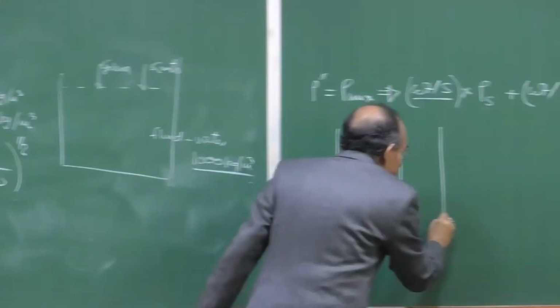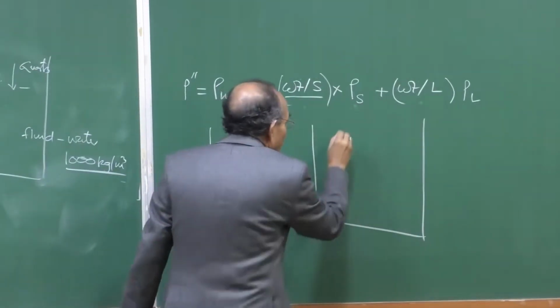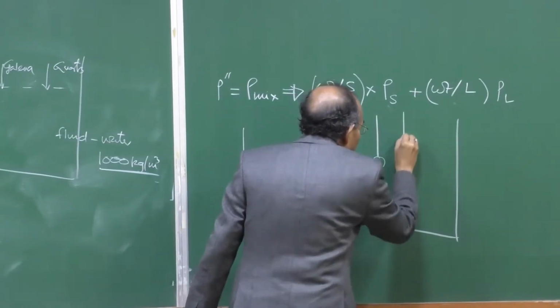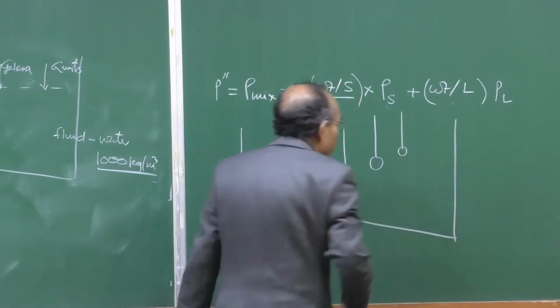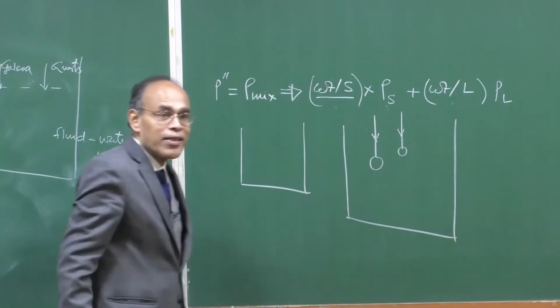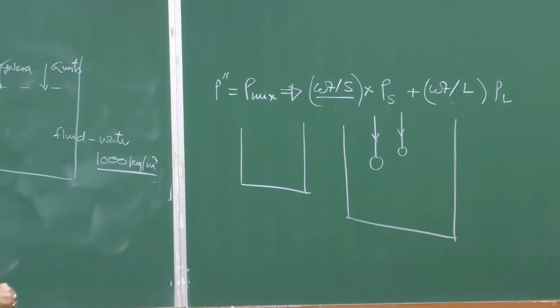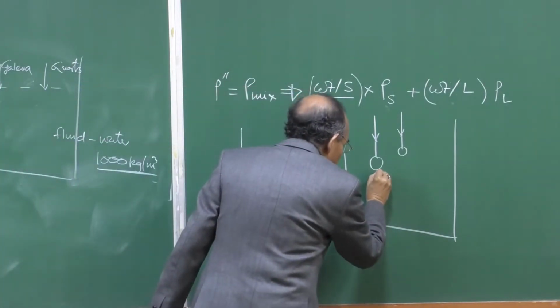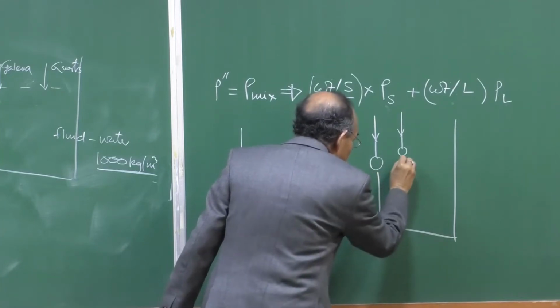So, you can imagine that these particles, if I draw it, on the basis of this, they are coming down. There are 2 different particles, and these 2 particles are coming down at the same speed.